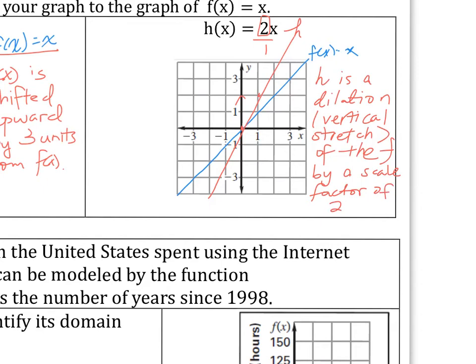But if we have, let's say, g of x equal to -2x, we're going to have a reflection about the x-axis.